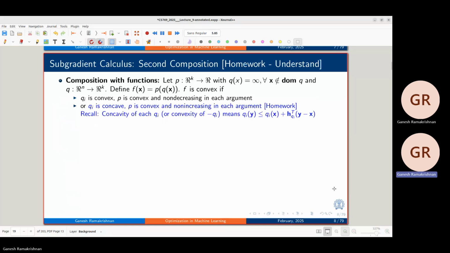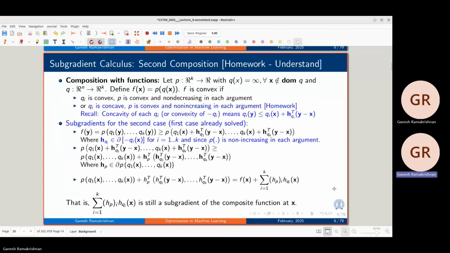Okay. So this is exactly what I've said. If Qi is concave, and P is convex and non-decreasing in each argument, you will have to do similar things. With concavity, the sign will flip. Q_i(y) will be less than or equal to Q_i(x) plus h_Qi transpose (y minus x).